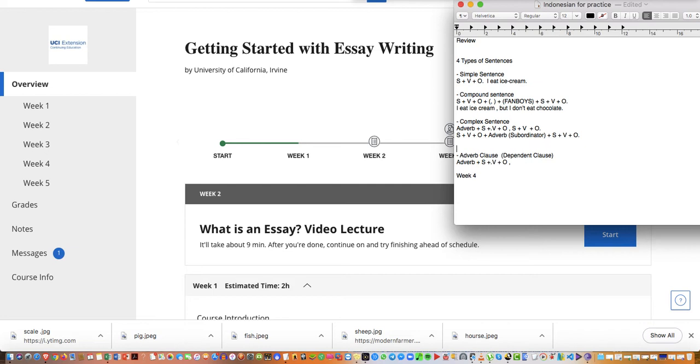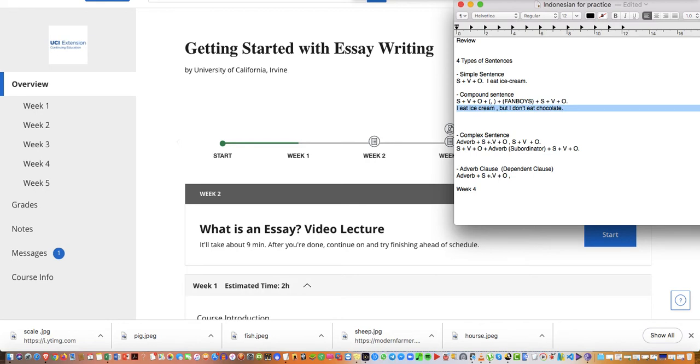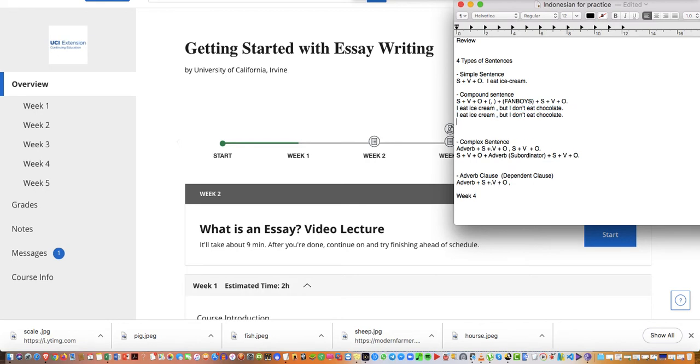Another way of writing is with another punctuation, which is what we call the semicolon. The semicolon is a little bit easier than that. A semicolon was considered as a second full stop, but do we really write it that way? Not really, so the sentence would be changed like this. In semicolon sentences, we don't use a fanboy. It's like 2 sentences connected to each other by a semicolon.